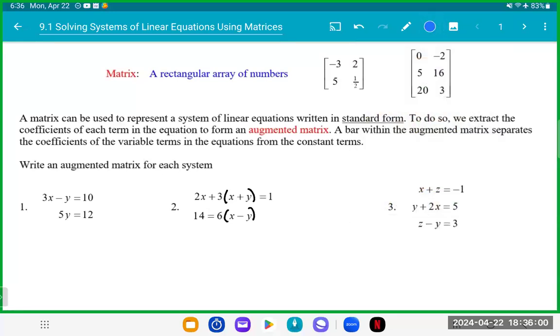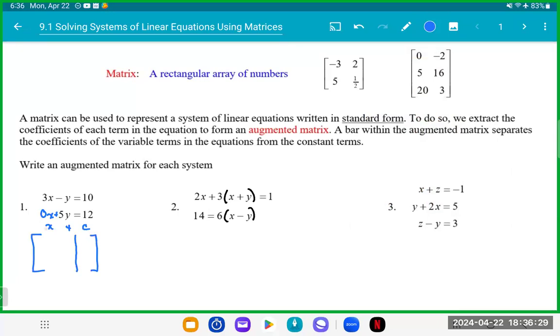And so when we want to look at this, it's really like saying I have 0x plus 5y is equal to 12. Okay. When I want to write that in matrix form, I just use the constants only, knowing that this is x, this is y, and this is my constant c, and we'll kind of just divide it with the line. Okay.